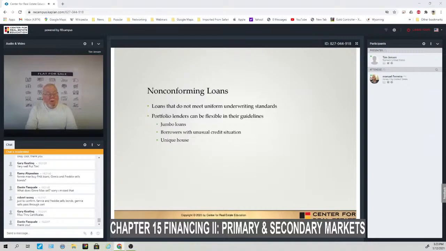Or unique houses where you can't compare them to anything else and you can't judge them on income. Well, a unique type of home that can't be analyzed may be subject to a non-conforming loan. So many different scenarios may present themselves where non-conforming loans are required.